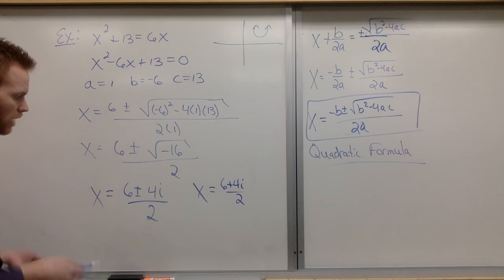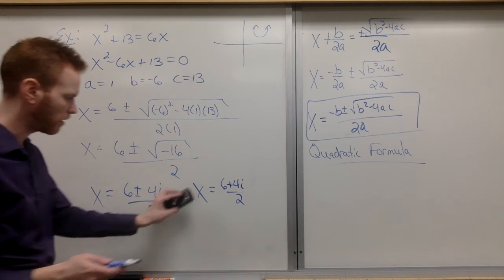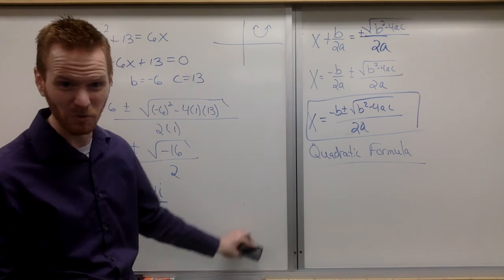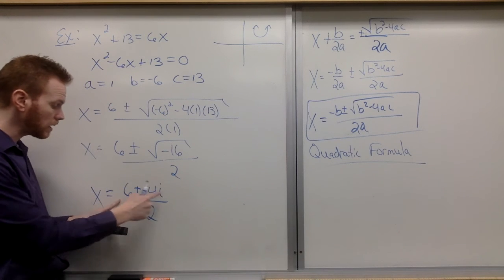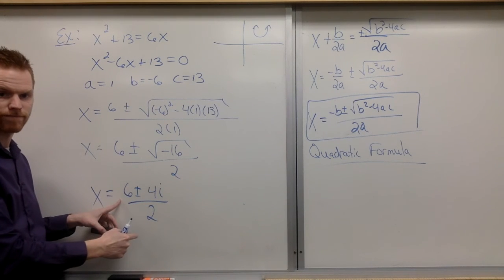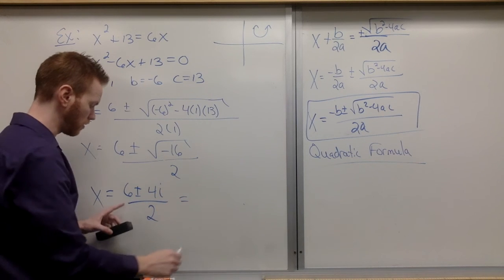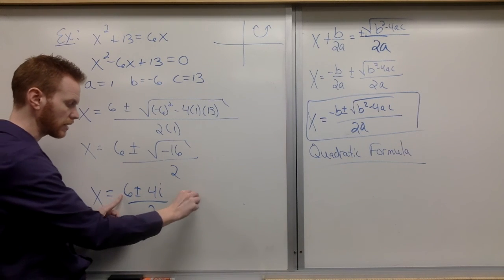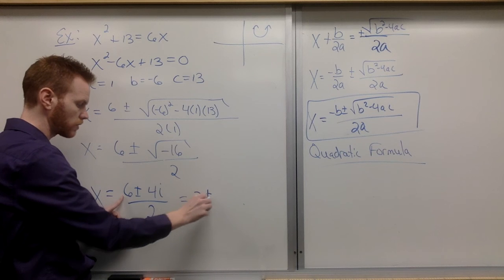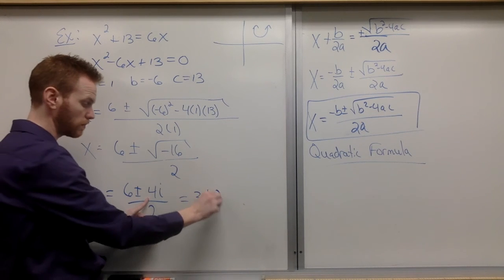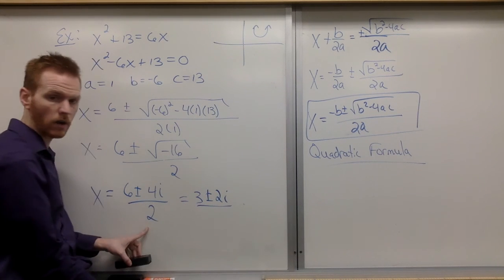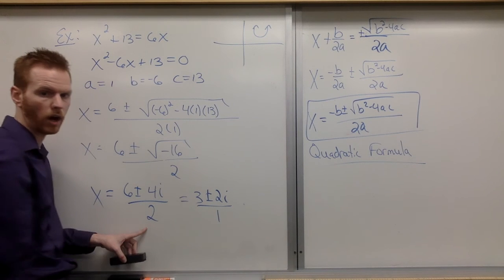Now, here's what I'm going to do, and I apologize for this ahead of time. I'm going to erase this real quick. I'm going to factor a 2 out of everything, okay? So if I factor a 2 out of 6, I get 3 plus or minus. A 2 out of 4 gives me a 2. And then a 2 out of 2 just gives me a 1.